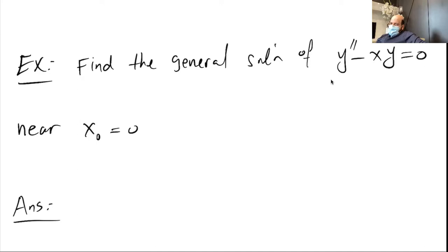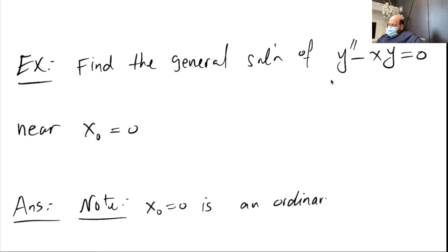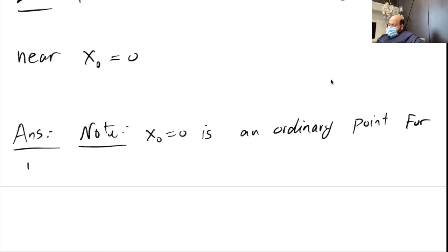So first we need to check whether x0 is an ordinary point for our ODE, because the procedure or recipe that we provided is valid as long as we have an ordinary point. So note that x0 equals 0 is an ordinary point for this ODE.